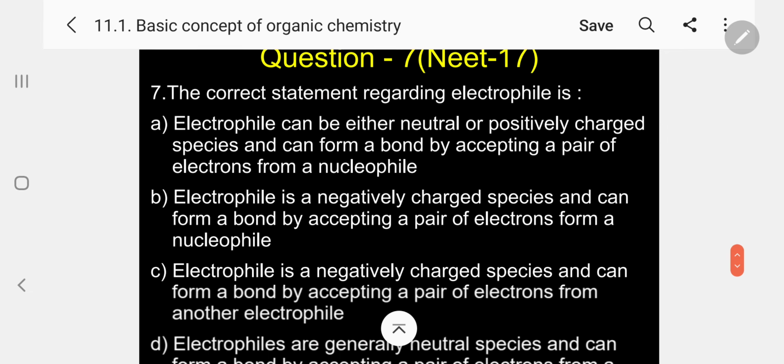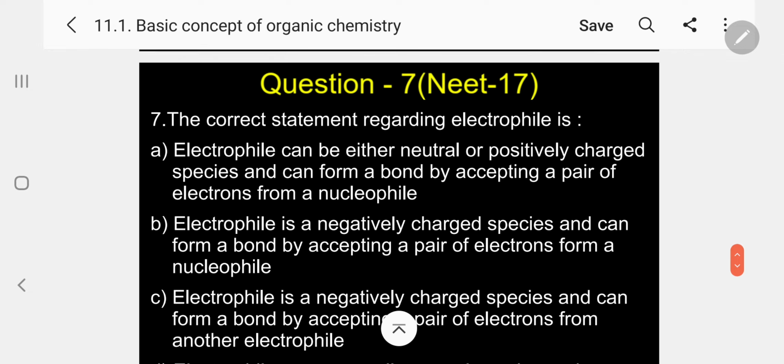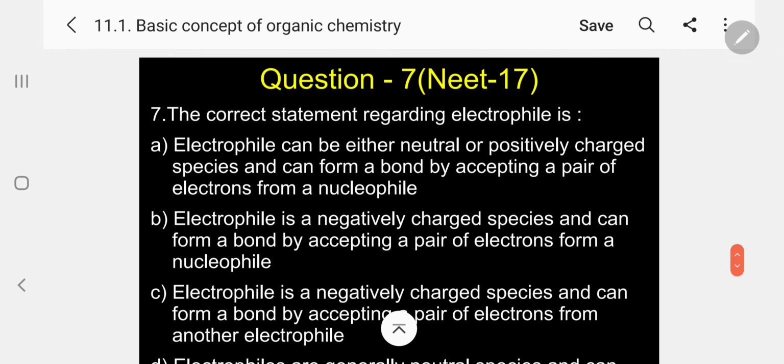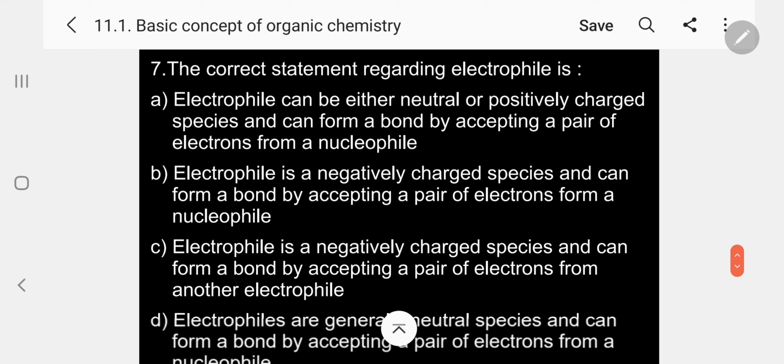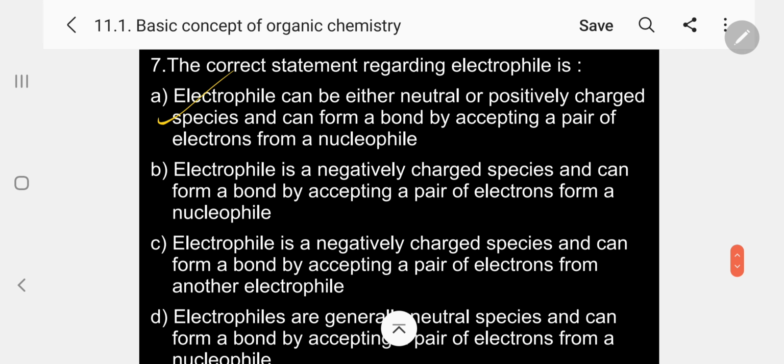Okay, the next question. Question number 7, asked in NEET 2017. The correct statement regarding electrophile. There are 4 options given. A. Electrophile can be either a neutral or positively charged species and can form a bond by accepting a pair of electrons from a nucleophile.